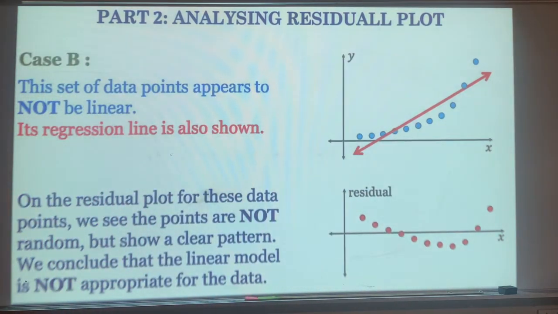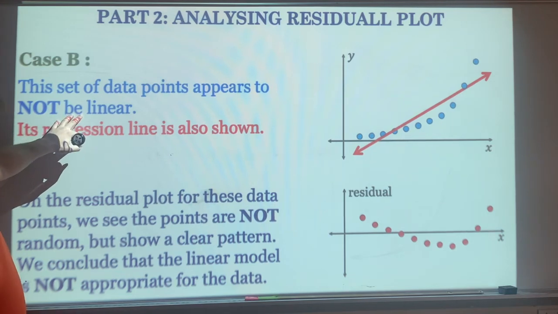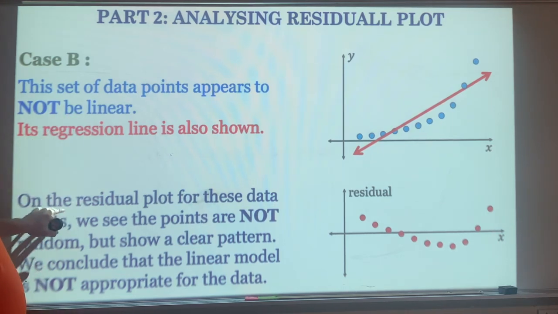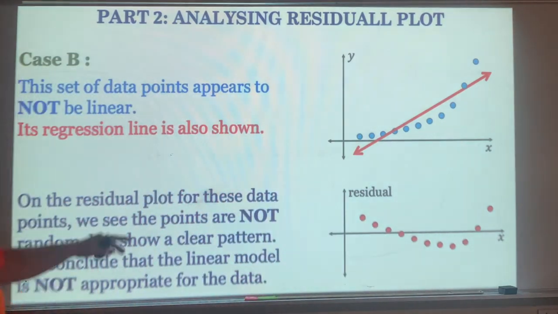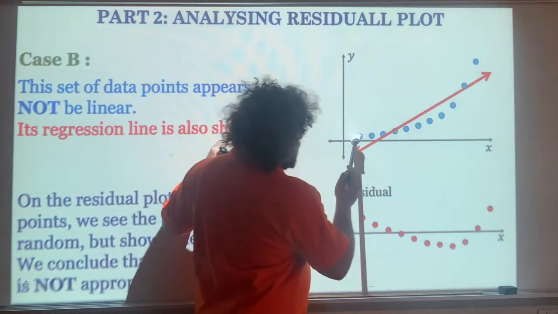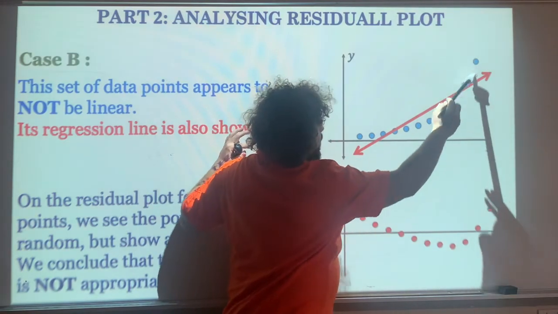Case B. The set of points do not appear to be linear. On the residual plot for this data, we see the points are not random. You could almost connect the dots and have a pattern here. They show a clear pattern, so we can conclude that the linear model is not appropriate. So it's not going to be a linear model. Look at this one. This is almost like an exponential or a quadratic, one of those two models.